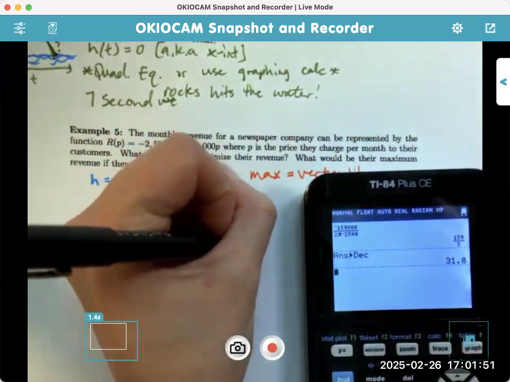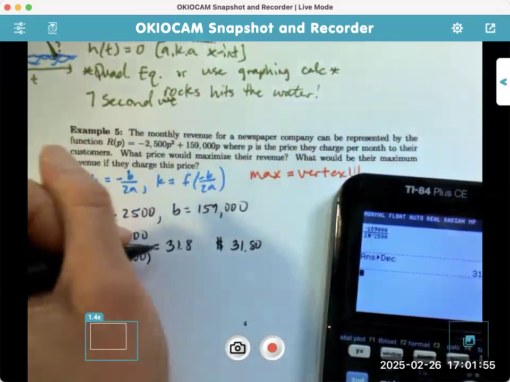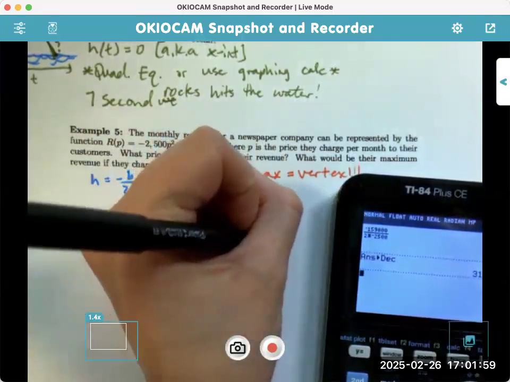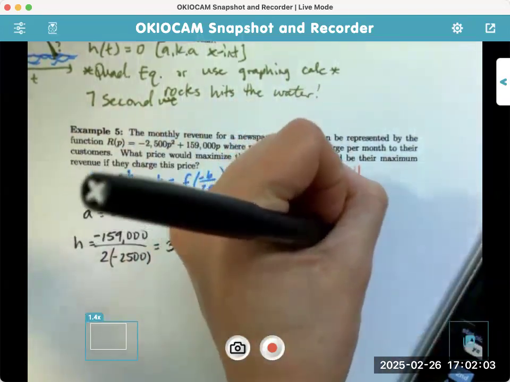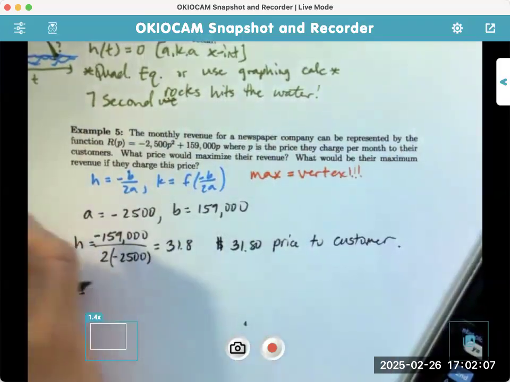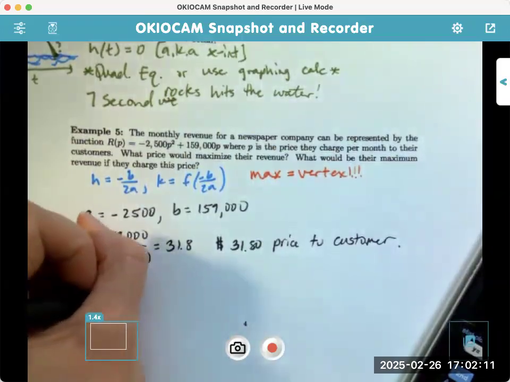So $31.80 is the price to customer. So then k would just be R of 31.80.